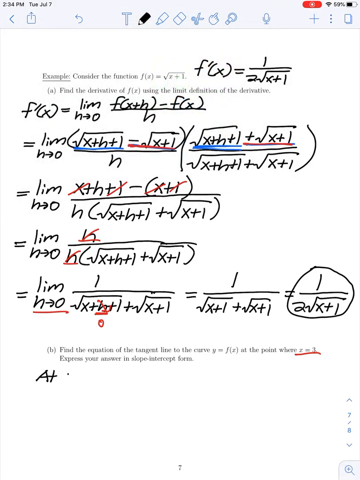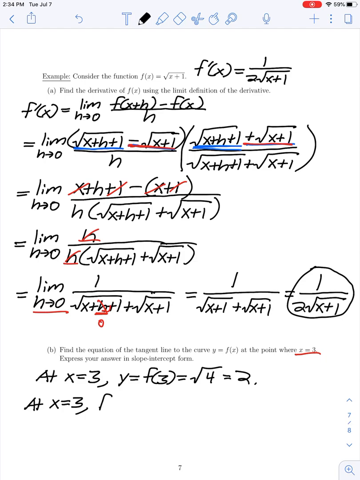So if I'm given the x-coordinate for the point on our line, which was 3, and I know that this is a point on the graph of our function, y equals f of x, well, y is given by f of my x value, which was 3. So in this case, the square root of 3 plus 1, or square root of 4, which is 2. So I know my line is passing through the point (3, 2), and I need the slope of our tangent line, which is the derivative.